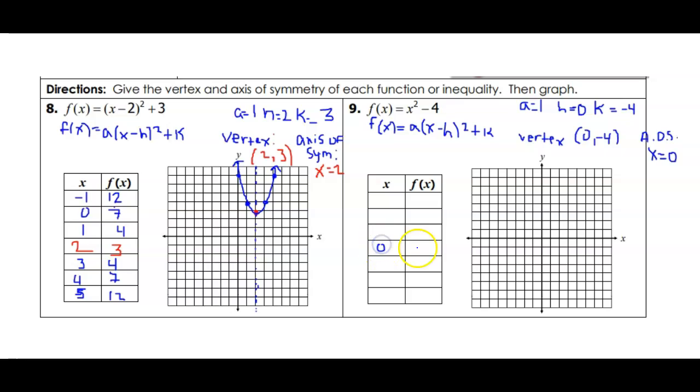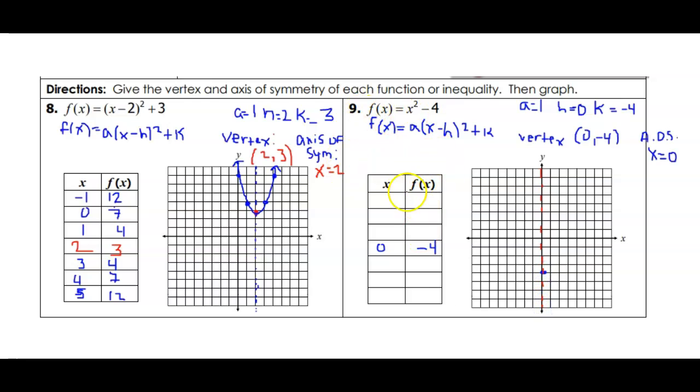It's at (0, -4), and I'm going to plot that on the graph. 1, 2, 3, 4. So I'm right here. Then I'll use a red pen to plot my axis of symmetry, a vertical line, the y-axis.